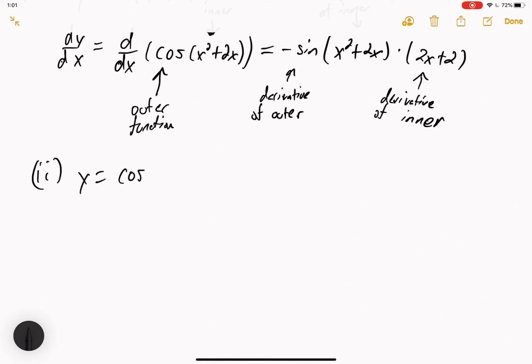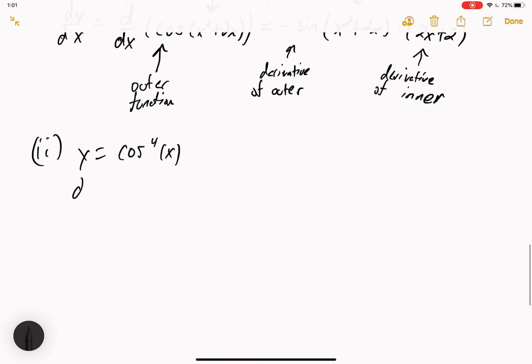So, we have cosine of x to the fourth. Oops. That was cosine of 4 to the x. That was an exponential function. So cosine of x to the fourth, or cosine to the 4 of x. I don't know how to say that. So we're gonna start off with again dy dx. It's gonna be equal to the derivative with respect to x of cosine of x, and then all to the fourth because it's the same thing.